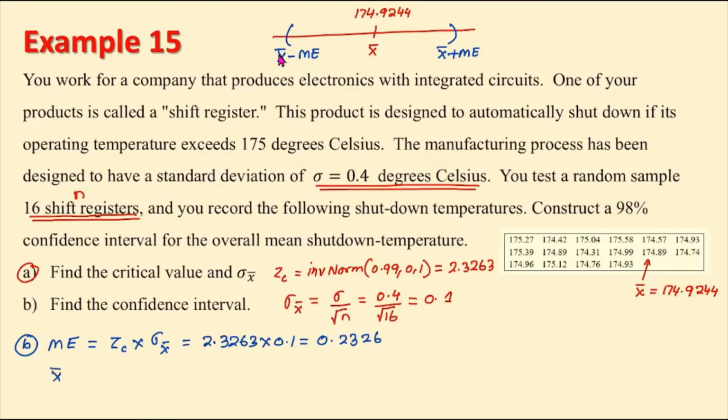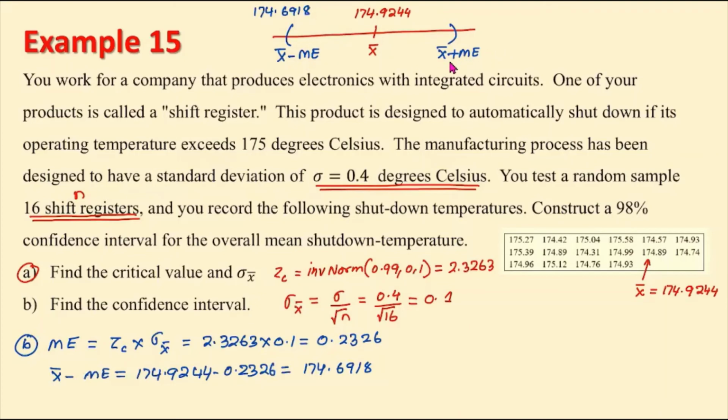So mean minus margin of error is equal to 174.9244 minus 0.2326. And if we subtract this, we get 174.6918. That is the lower boundary.